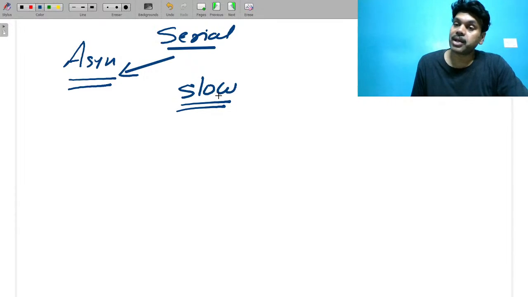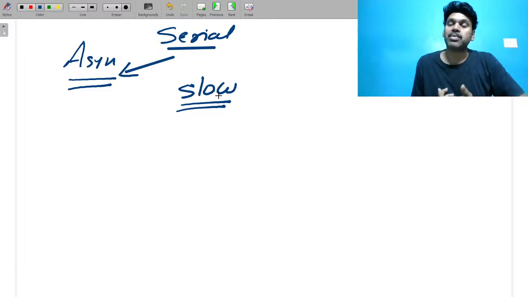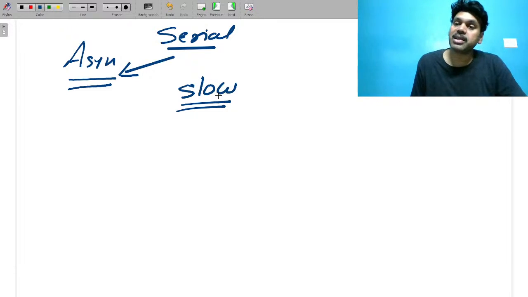But it gives 100% accuracy. Why? I am keeping everything in the form of smaller frames, and there is no problem whatsoever at the receiver side. It's slower only, but 100% accuracy.